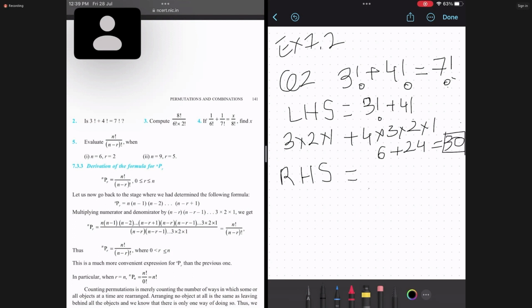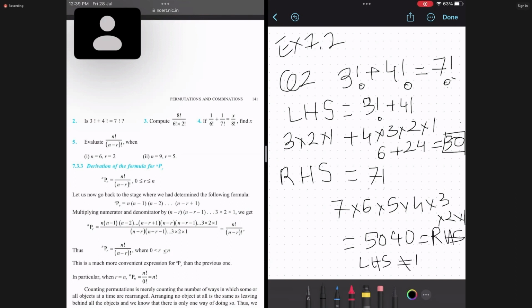Solving the RHS, 7 factorial is nothing but 7 into 6 into 5 into 4 into 3 into 2 into 1. Solving this, what I'm left with is 5040, which is my RHS term. As LHS and RHS are not equal, I can say for a fact that 3 factorial plus 4 factorial is not 7 factorial.